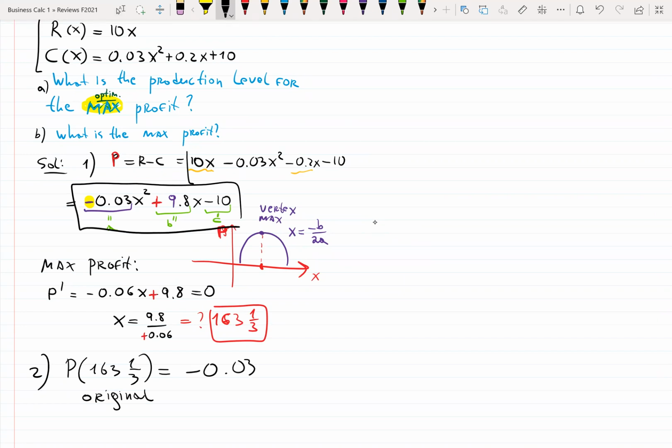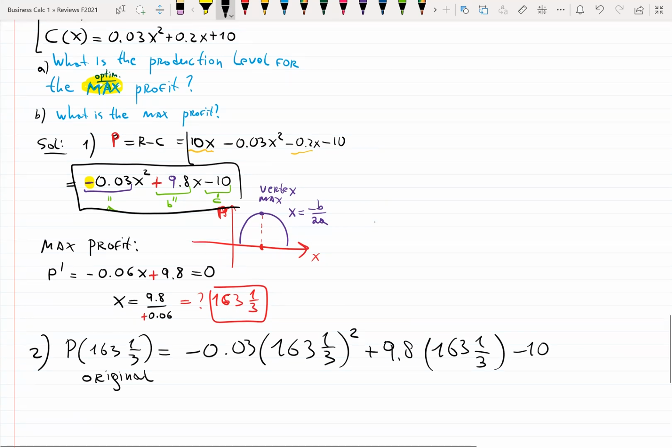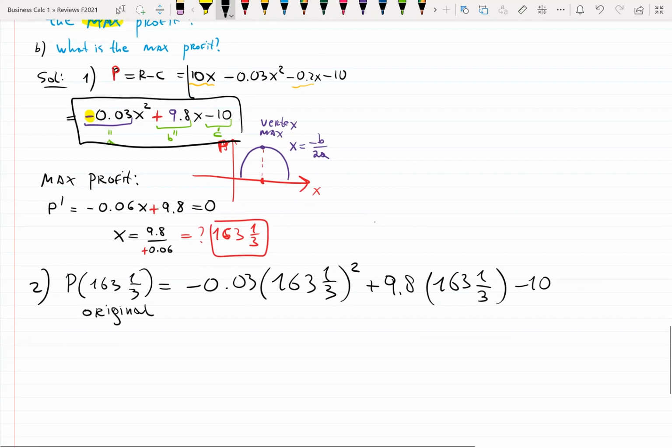Minus 0.03. Make sure you calculate it, because that will be annoying to calculate. And they never give you good numbers, I checked. It's always some kind of fractions because they want it to be realistic. In my classes, I give nice numbers like 5 and 7, but to be realistic, they do some kind of stuff.